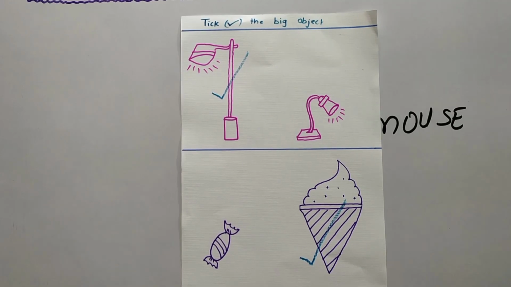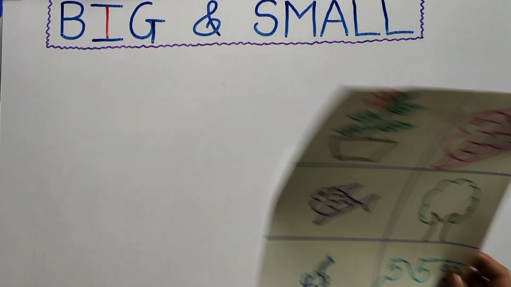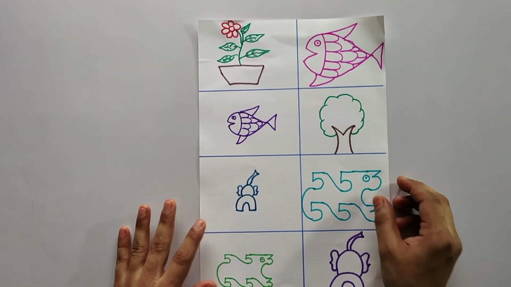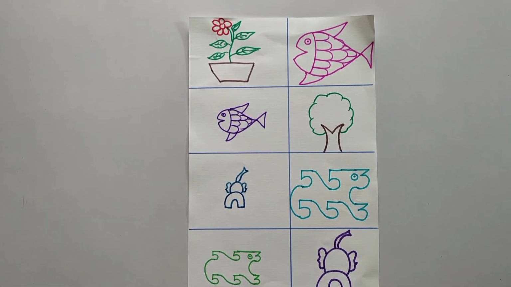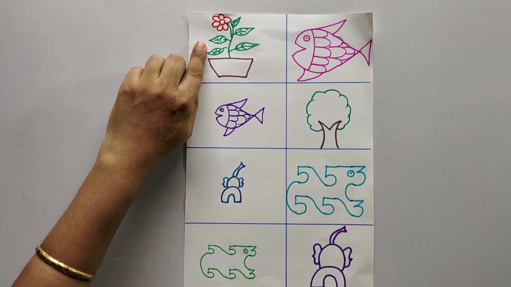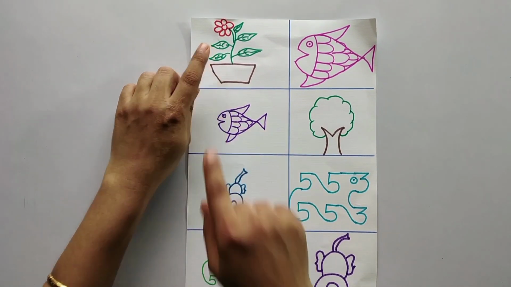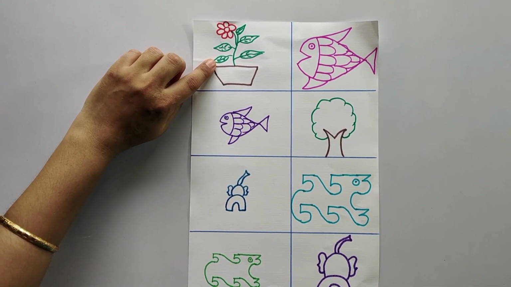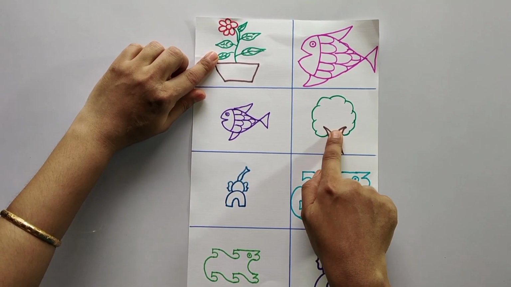The third way is to prepare a match the small object to the big object worksheet. I mean, they need to find the big version of the small object. For example, this is a plant over here. A small plant will turn into a big tree.